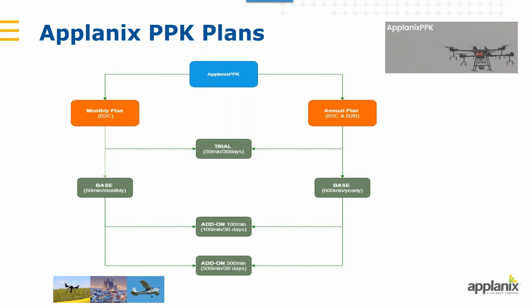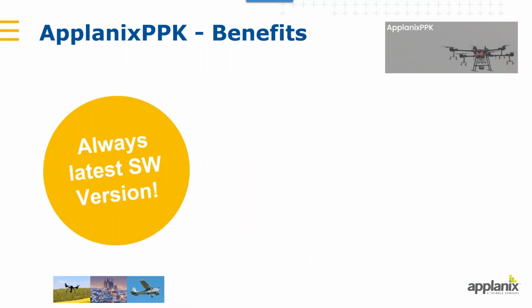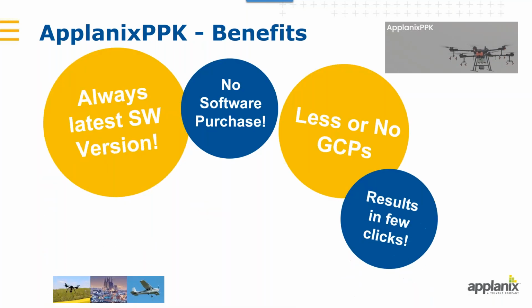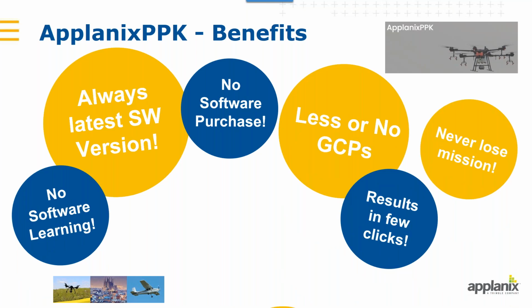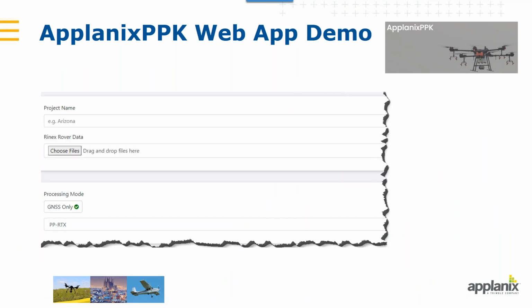And Matt's asking, is there a way or will there be a way in the future to load rover T04 files into the app? Now, our missions collect T04 files for every minute of flight. Right now, this is not supported, but we can take that into account. It depends on the application.